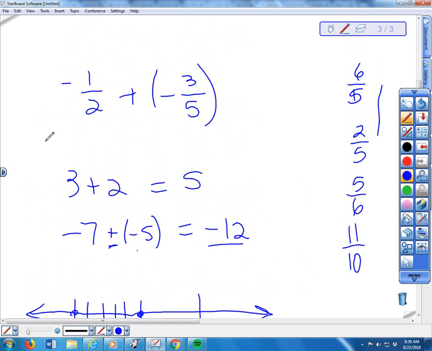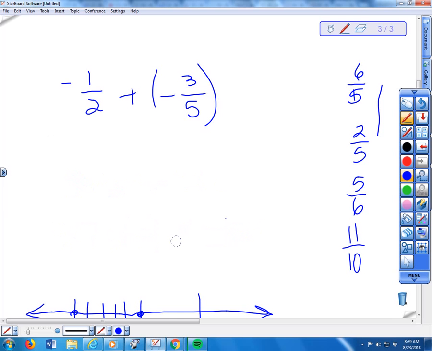Negative 1/2 plus negative 3/5. So I know right away it's an addition problem. My final answer will be negative. So let's just forget the negatives now. I've done that up front. And I know when I get my final answer, it's got to have a negative sign in front of it. So now I'm just going to add these two fractions together.